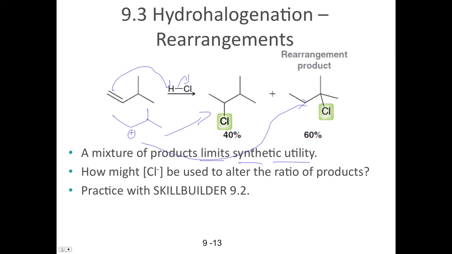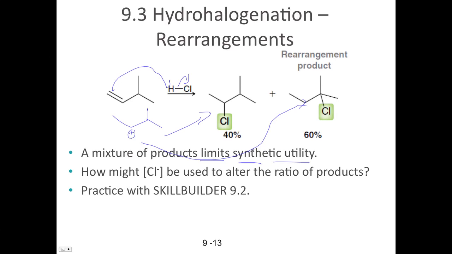You would like a reaction to give you, if possible, a single stereoisomer, a single regioisomer, and possibly even a lower yield that you can bump up. Because if you have a lower yield, you can always engineer that yield upwards by affecting the concentration, changing the temperature, or doing some stoichiometry work.